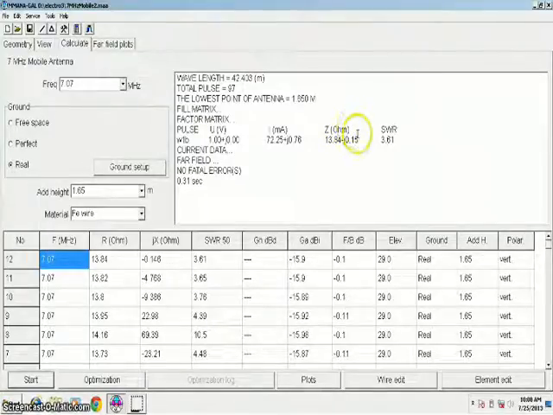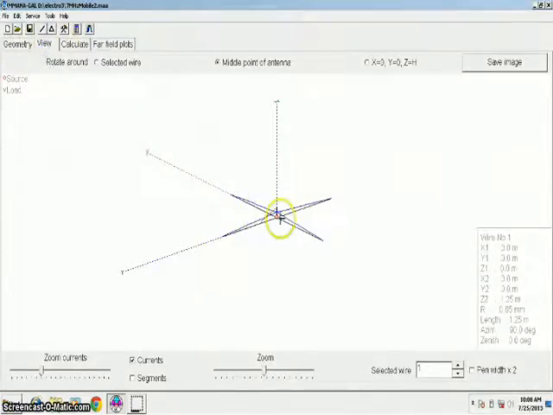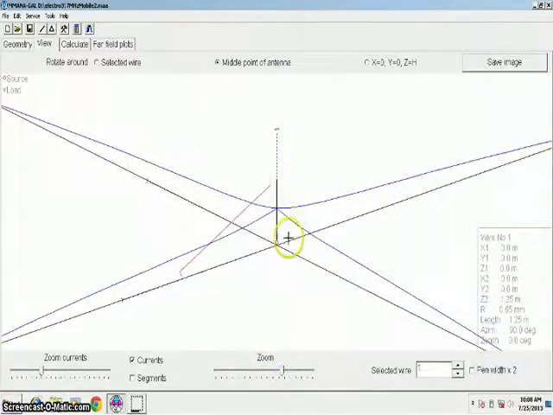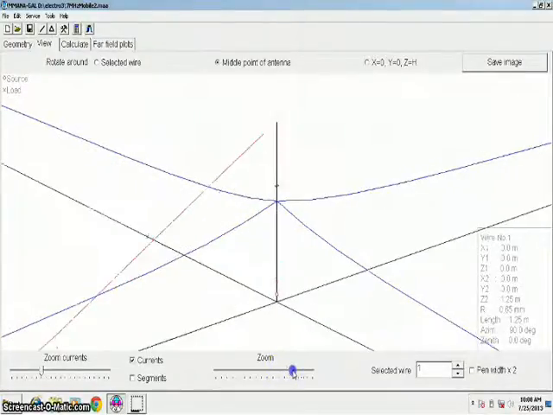So this means the whip length here, if we zoom, whip length from here to here has reached its resonant length by adding a loading coil here. Loading coil at the beginning here acts as load.